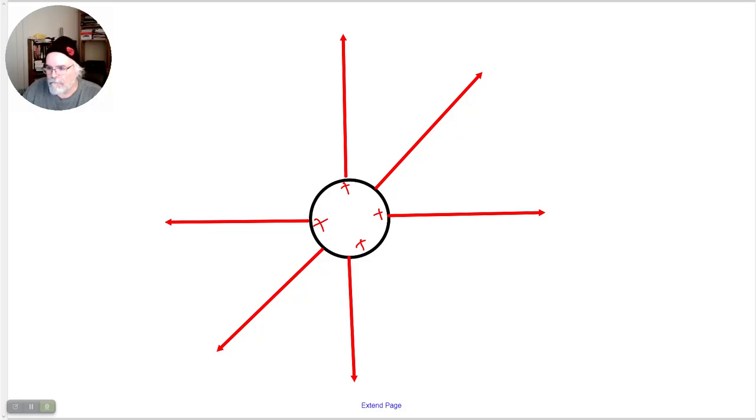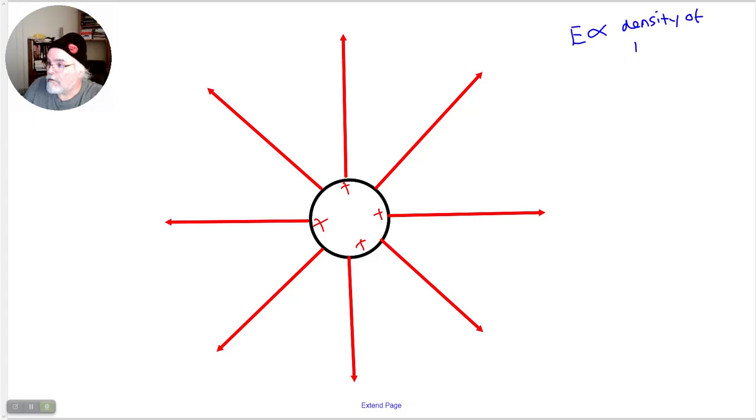Okay. So the surface of this sphere is at the same potential. Now I just want to remind us that for field lines, field strength is proportional to the density of lines, right?